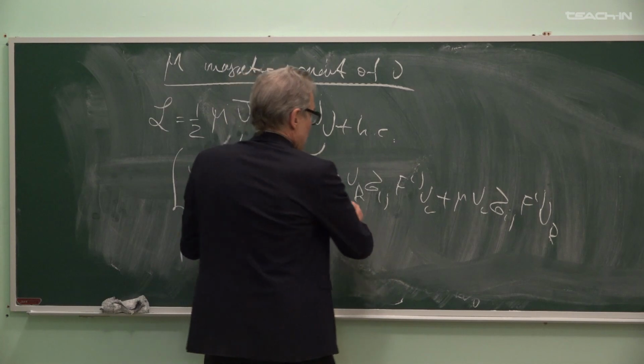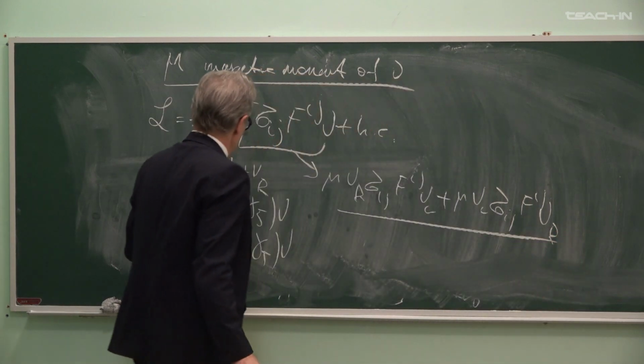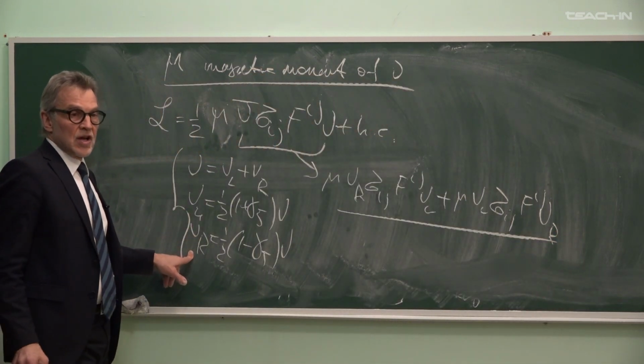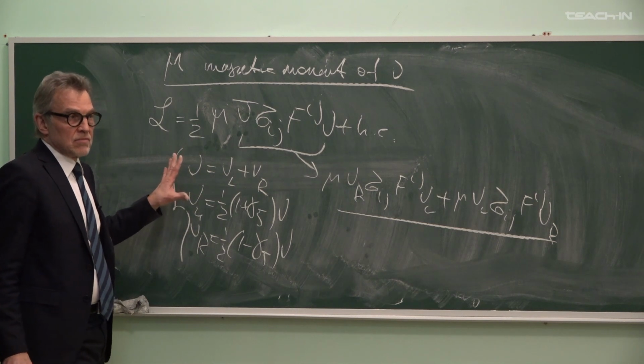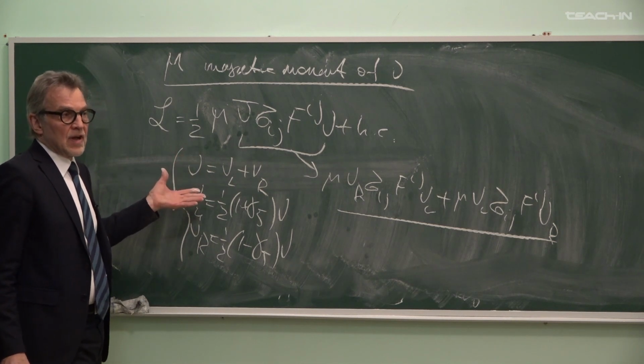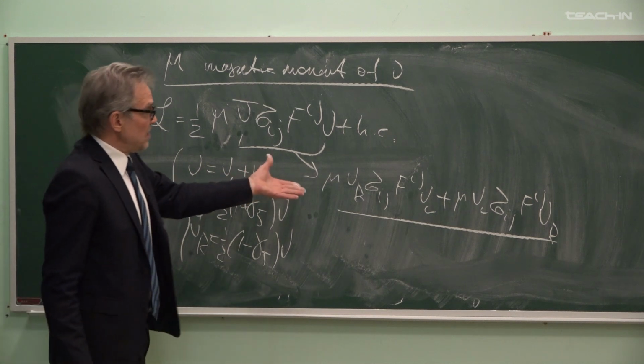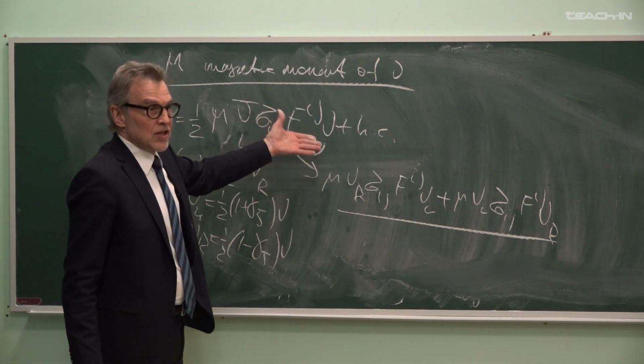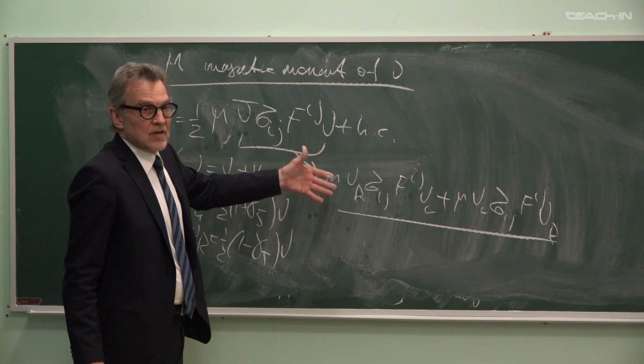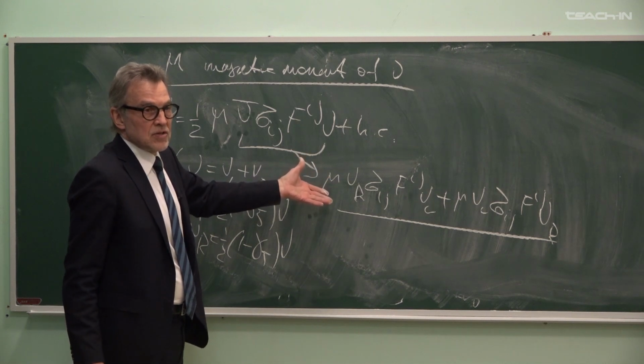So if we consider left and right neutrinos as different neutrino species, different chiral states, then we see that even in the interaction Lagrangian there is a mixing between different neutrino species.